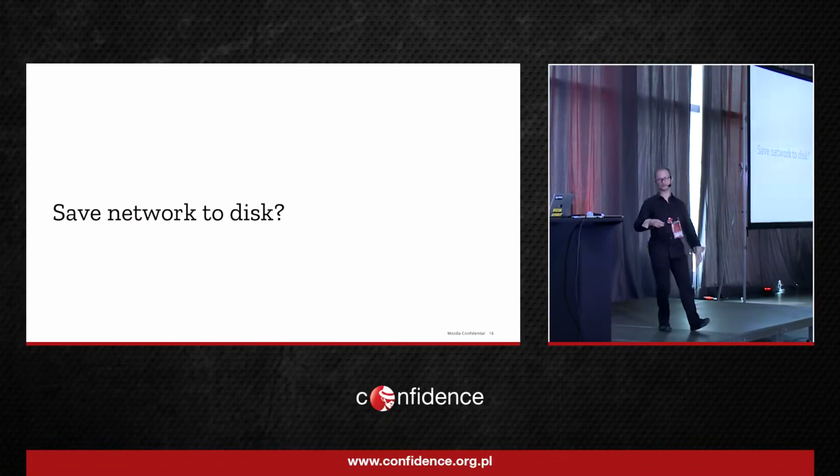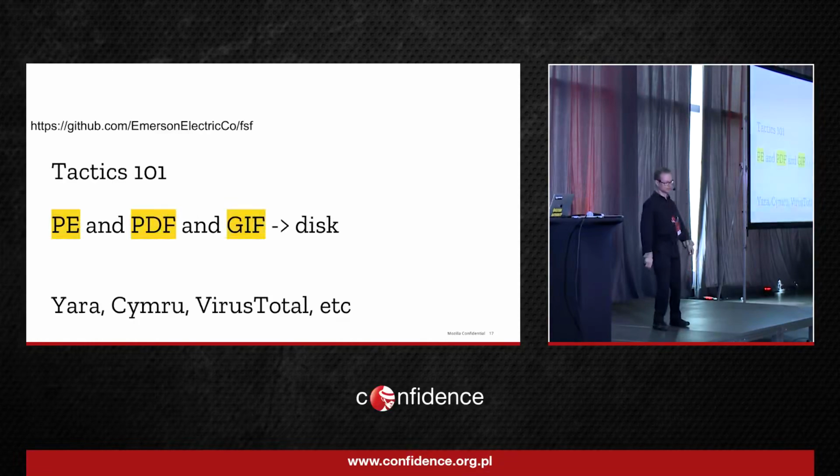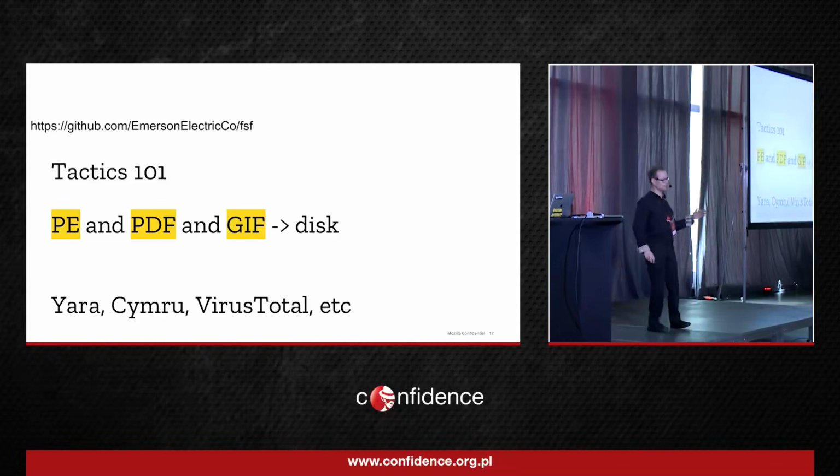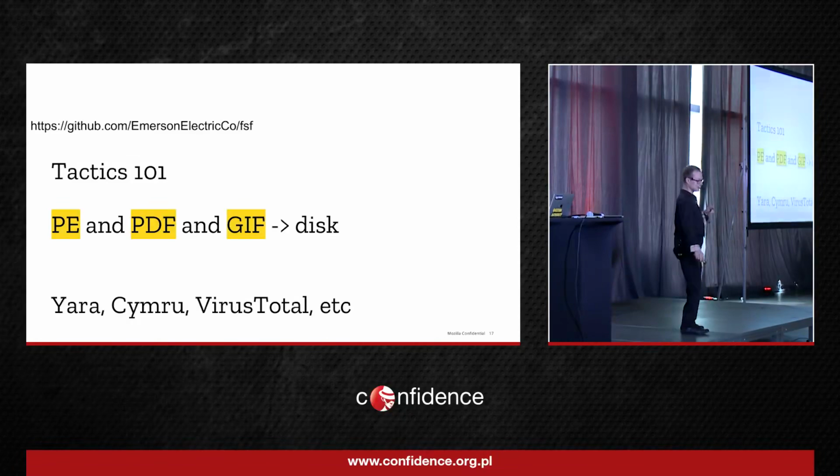And we also want to be able to save some parts of the network traffic to disk. We have no way to save entire network traffic to disk, but let's say I have a Windows PE file, which can be an executable or a DLL, flowing over a plain text connection. That's unusual these days. I want to save this file to disk to have it analyzed later.